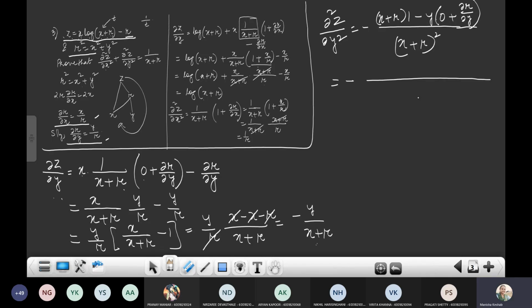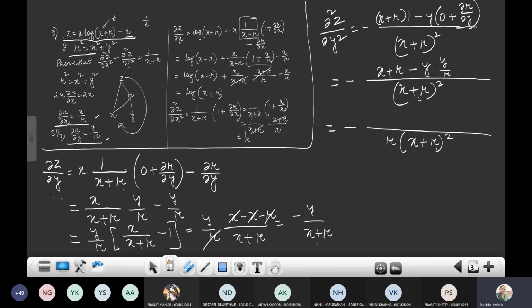Then minus, here we will get x plus r whole square. So here x plus r minus, so y into, now this is 0, and del r del y is what? y upon r. Okay. Now this is equal to minus, this r we can bring down, then we will get here r into x plus r whole square.